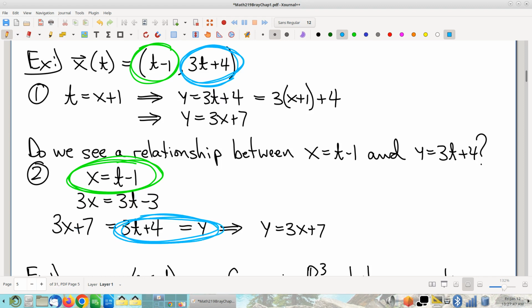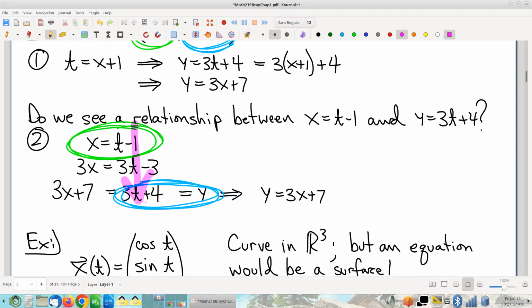I ask the question, what do I have to do to the expression for x to turn it into the expression for y? Let's look and see what I did here. Obviously, this t minus 1, I would have to multiply by 3, because I'm going to need a 3 down here. Then my constant at the end is all wrong, right? It's a minus 3.